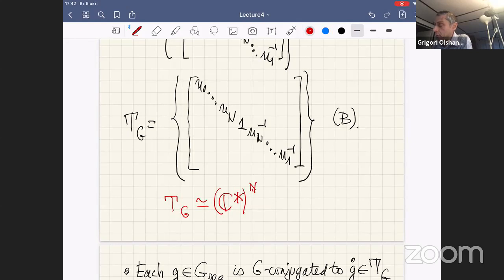For the complex torus, we replace the unit circle by the punctured complex plane. The result is called the complex torus.